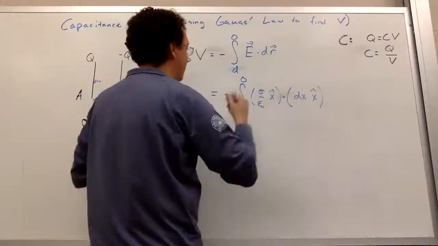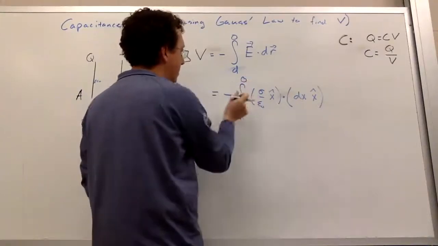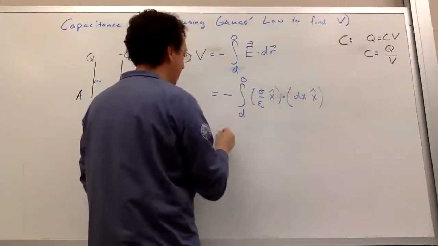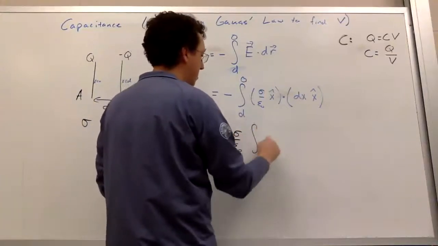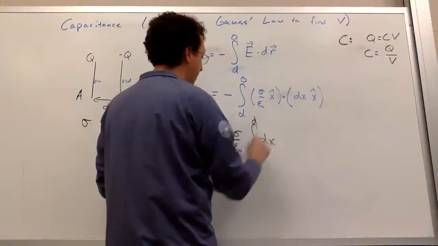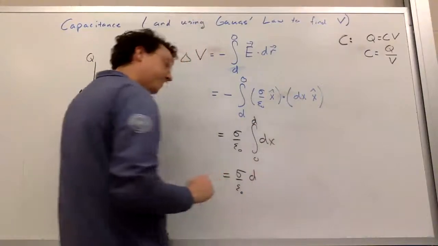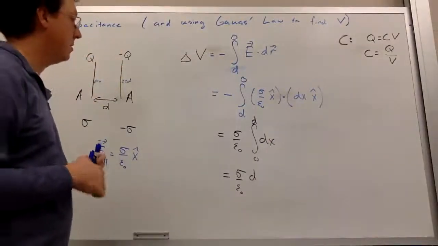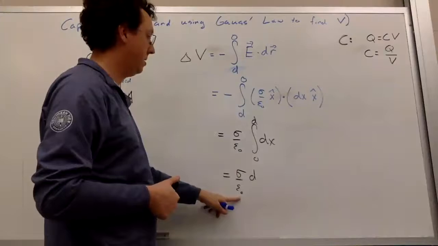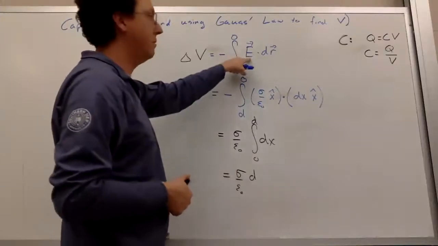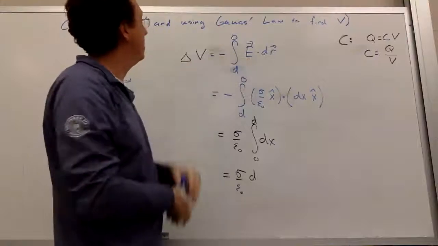Everything else is constant, and I am integrating from d to 0, so I can reverse that integral, get rid of that minus sign, and I'm left with sigma over epsilon naught times the integral of dx from 0 to d, but that's nothing other than sigma over epsilon naught times d. Very good. So that is the formula for delta V. And we arrived at it using the fact that we knew the electric field, which came from Gauss's law.